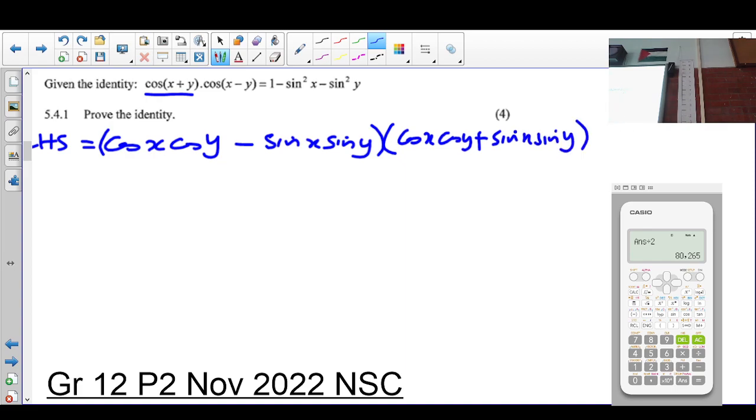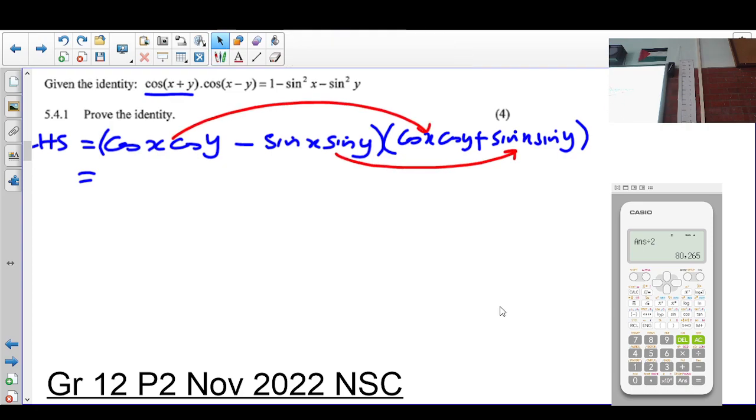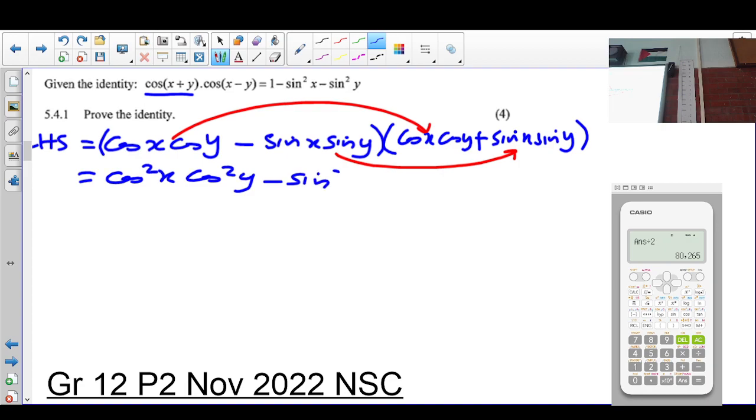So what you should note here is that we have a conjugate pair. So we can multiply the first and the last, which will result in difference of two squares. So that's going to become cos squared x cos squared y minus sine squared x sine squared y.